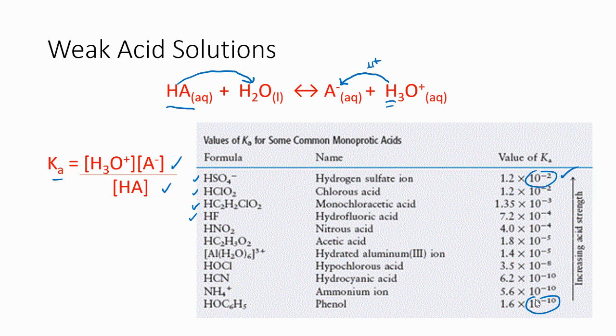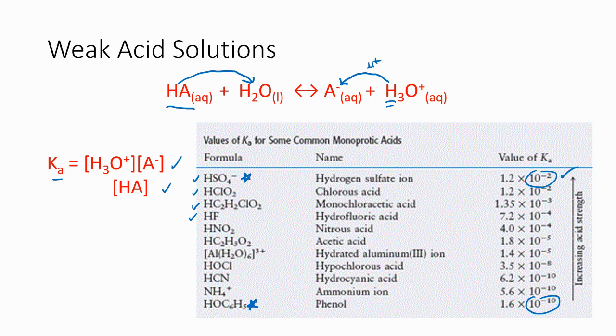Now, I say stronger, but these are still all weak acids. It just turns out something like HSO4 minus right here will ionize a little bit better than something like phenol written down here at the bottom.